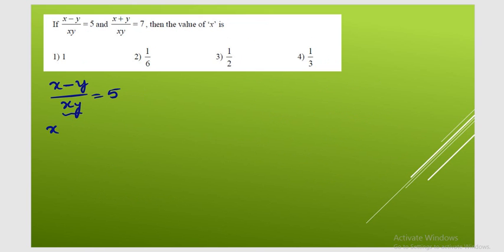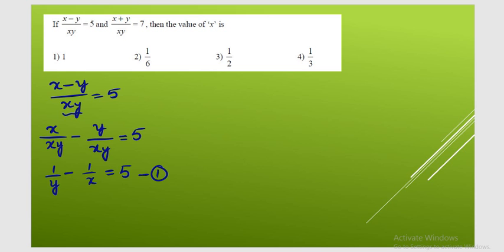That means I can write this as x by xy minus y by xy is equal to 5. So when I do cancellation, what am I going to get here? So 1 by y minus 1 by x is equal to 5. Let this be equation number 1.